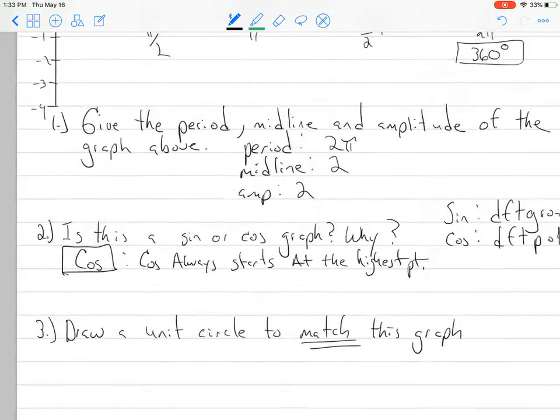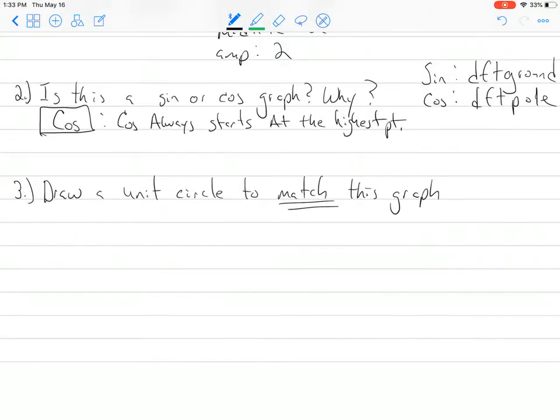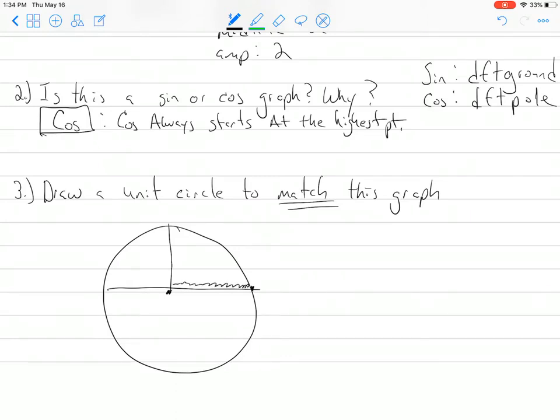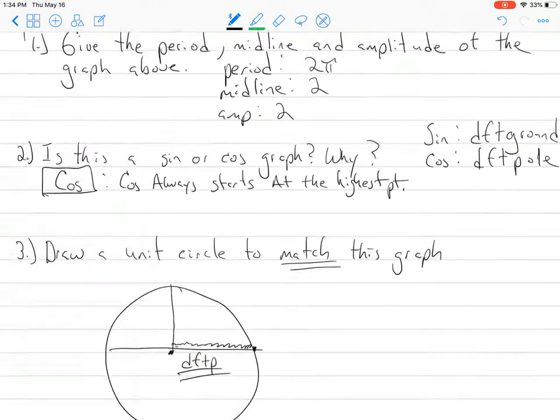And the reason for that, why does cosine always start at the highest point? You don't need to draw this circle, but why? Well, if this is a unit circle and cosine is distance from the pole, when I'm at 0 right here, I'm the farthest distance from the pole possible. So I was going to start at 1 or at 2 or whatever your highest point is.